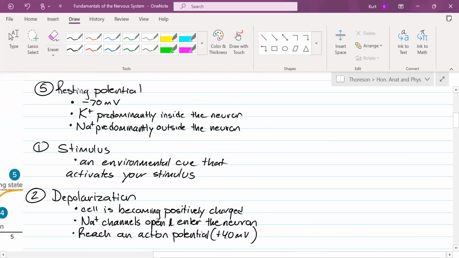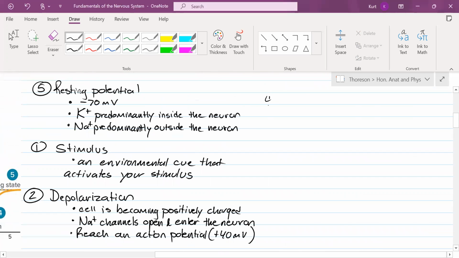All right, let's go on to step 4. This is after the action potential. We are at repolarization. Oh, I don't know why I called it that. Thank you, you guys are paying attention. Step 3. Repolarization.